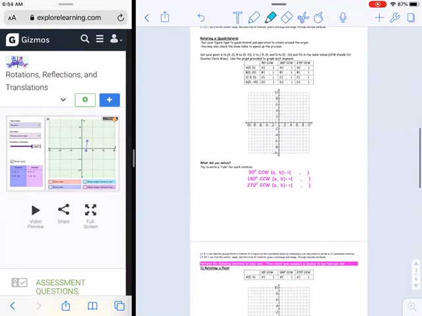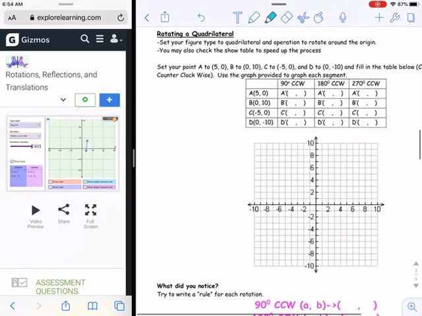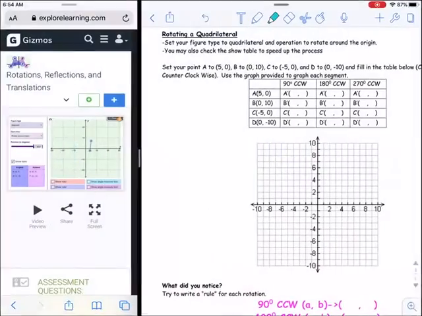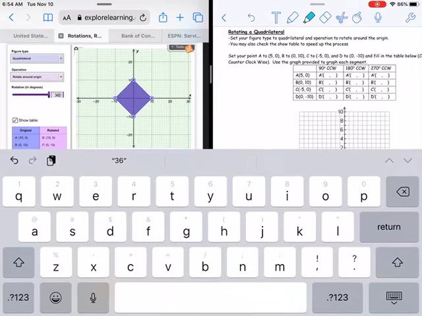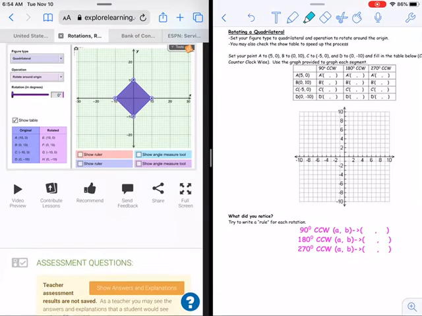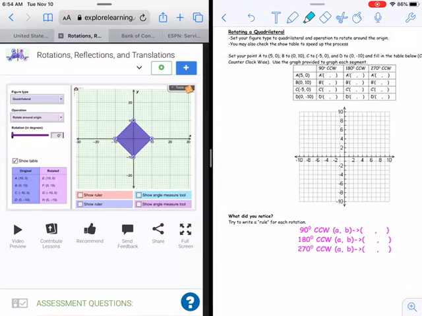Cool. Now we're gonna practice rotating a quadrilateral. Let me get this a little bit bigger. Now I'm gonna select figure is quadrilateral. A quadrilateral has 4 sides. I can't drag this now. Now what's my points?